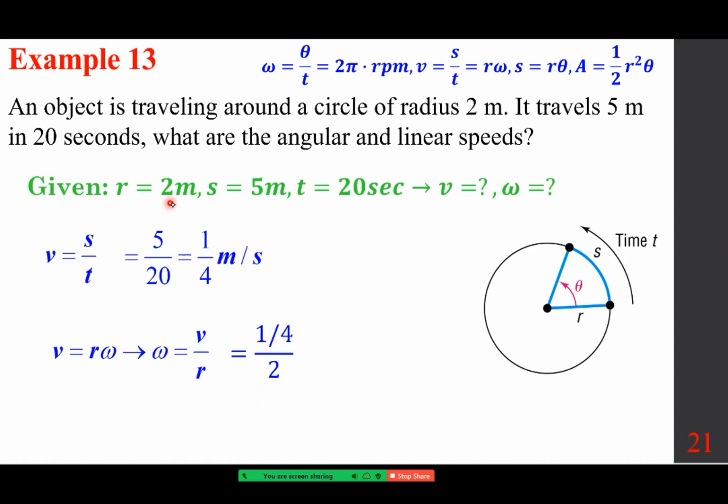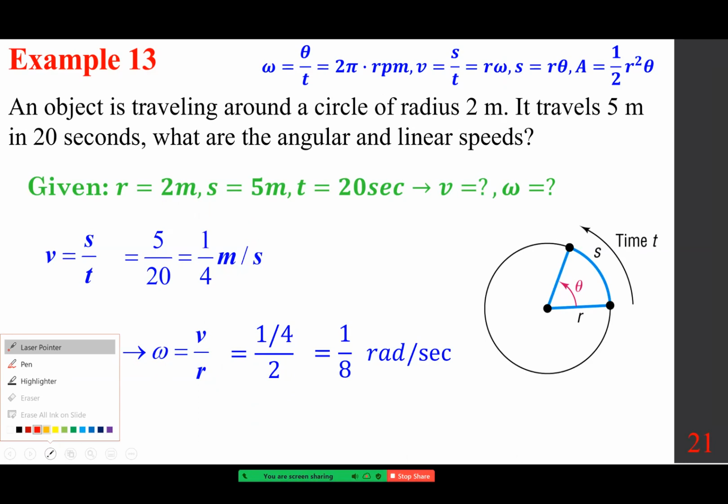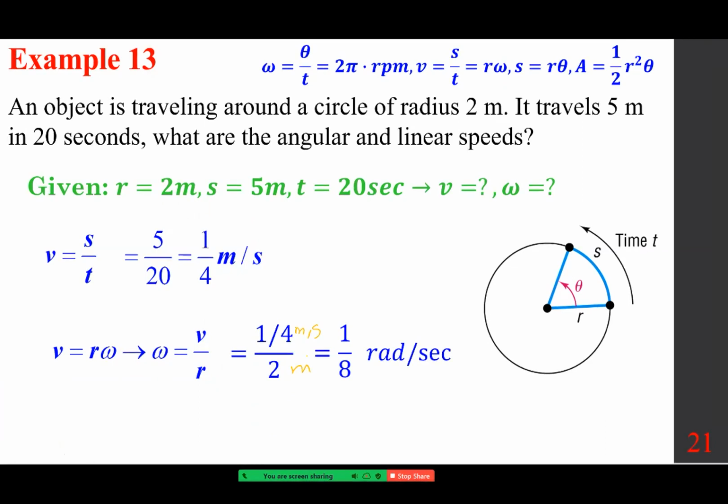And it becomes 1/8. By the way, notice the units. I want to put the units so you see how this thing works. It's 1/4 meter per second, and this is meters. So you get per second. Because you're dealing with angles, you go with radians per second. So I hope you see that the units do work.